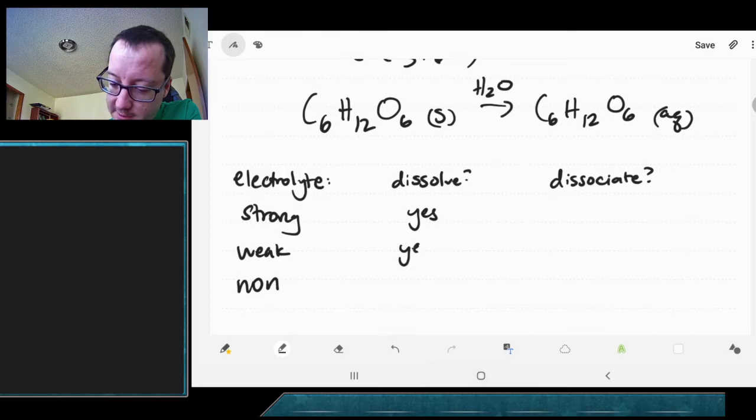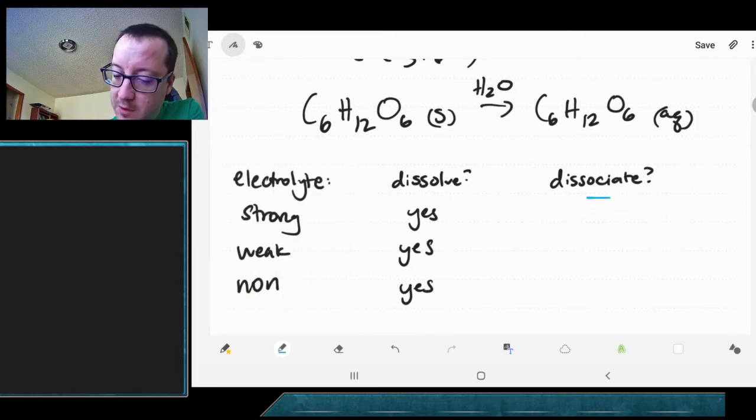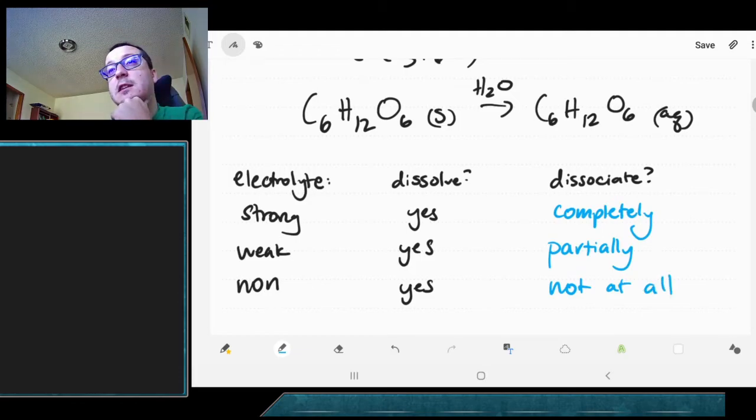These will all be things that dissolve, and they differ in their dissociation. So if it dissociates completely, that means all of the molecules or all of the ions break apart completely. That's a strong electrolyte. For a weak electrolyte, they only partially dissociate. And then for a non-electrolyte, they do not dissociate. And so that's the spectrum we're looking at here.